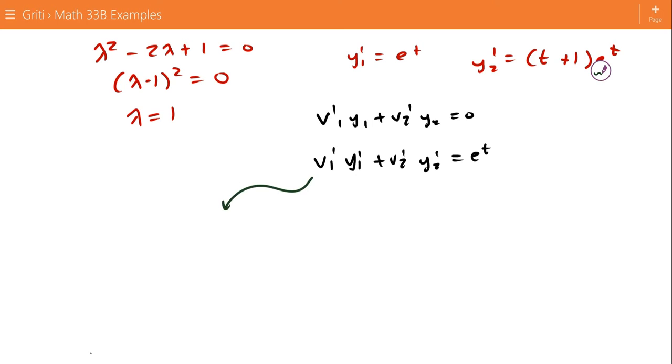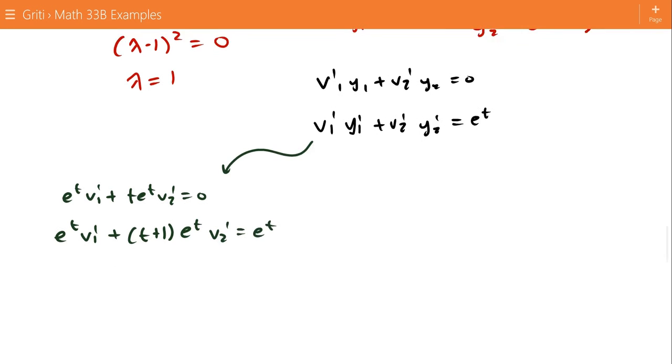We can plug this in, giving us e to the t v1 prime plus t e to the t v2 prime equals 0, and e to the t v1 prime plus (t plus 1) e to the t v2 prime equals e to the t.